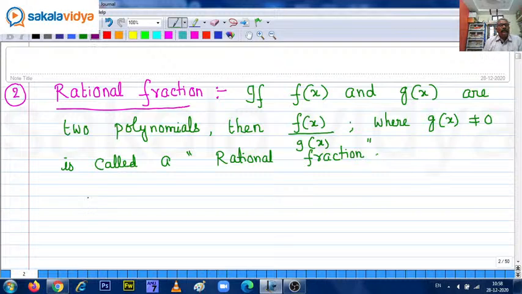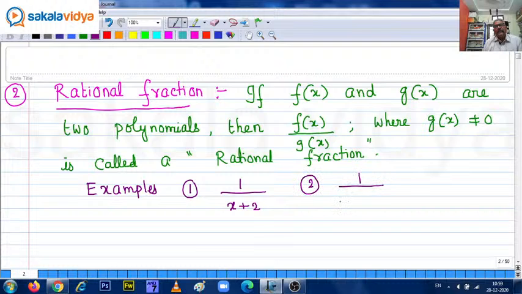So now examples. First, 1 upon x plus 2. Second, 1 upon x into x plus 1. Third, x square plus x plus 1 by x cube plus x plus 1.